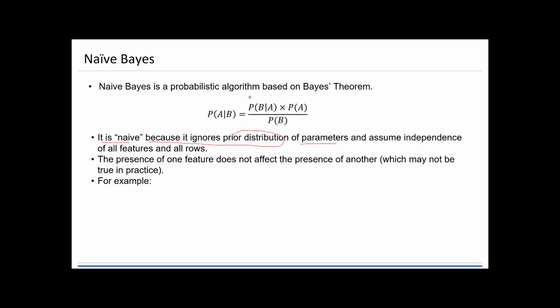So there is no prior distribution of parameters; I do not know whether it is high or not, but just go by the probability. And it assumes the independence of all features and all rows. This is very important, and that's why they call it naive. The presence of one feature does not affect the presence of another, which may not be true in practice.